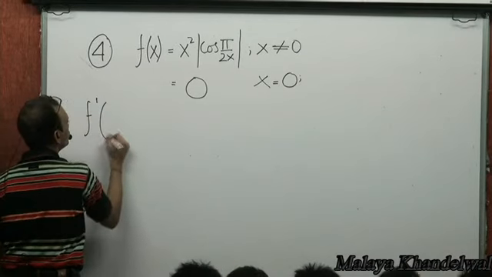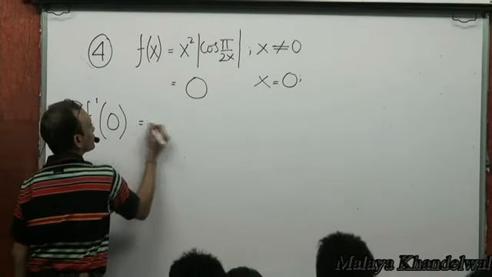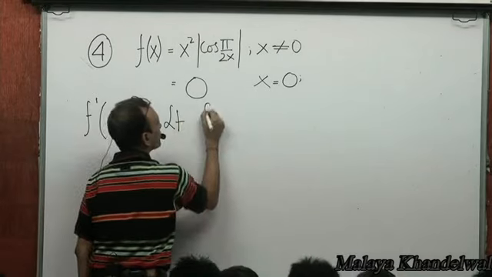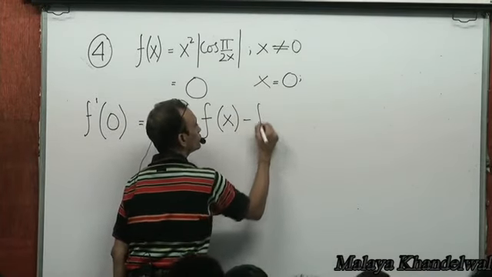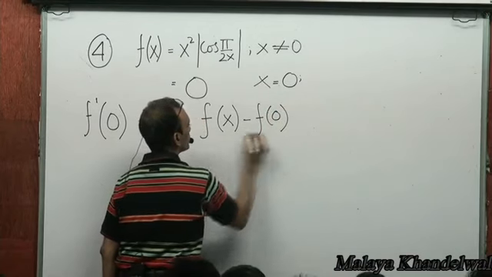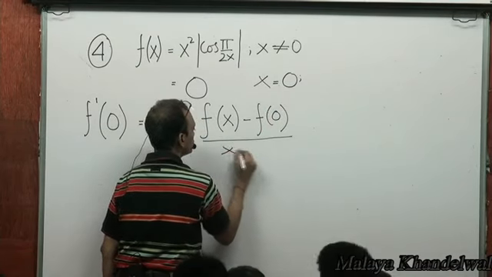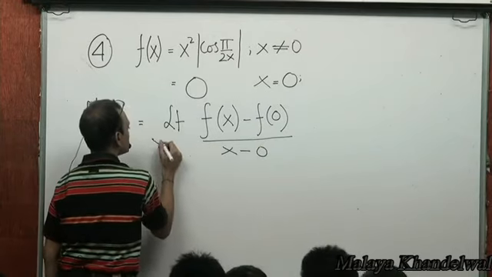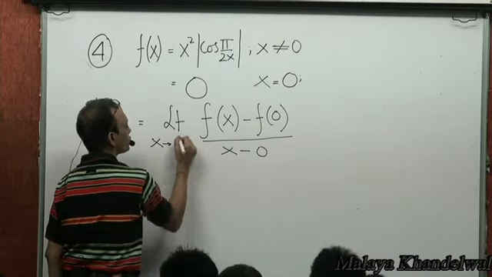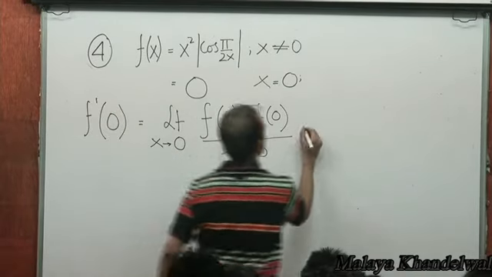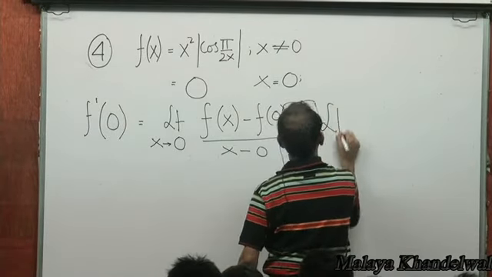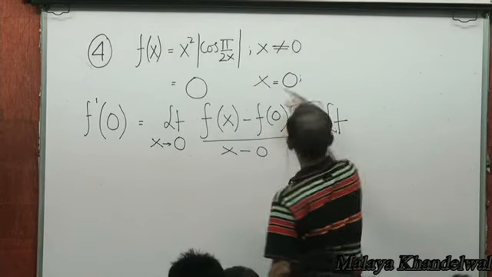f dash 0 is limit f(x) minus f(0) by x minus 0 as x tends to 0. Yes or no? But f(0) is 0. So this is like limit f(x) by x, which is this.